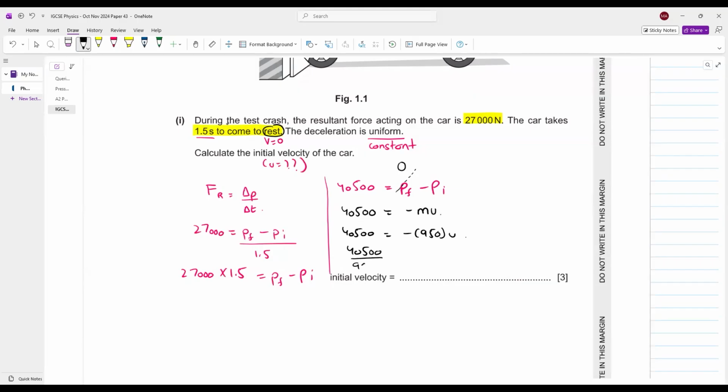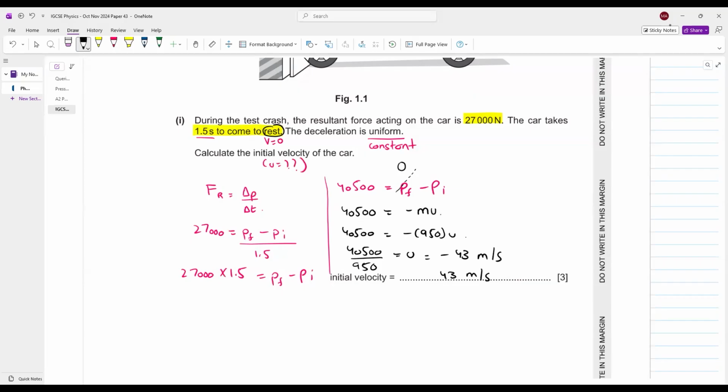40500 divided by 950 is equal to your velocity. Can you calculate the velocity? Yes, geniuses. The velocity comes out to be negative 43 meters per second. We will ignore the negative sign. Just write the velocity, that is 43 meters per second. You don't need to write negative in velocity.